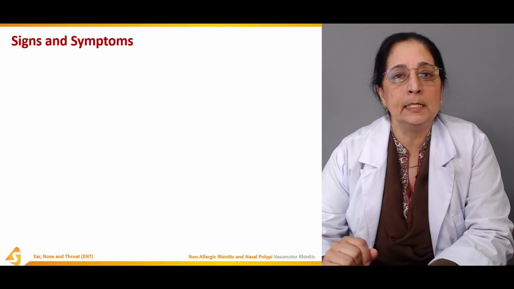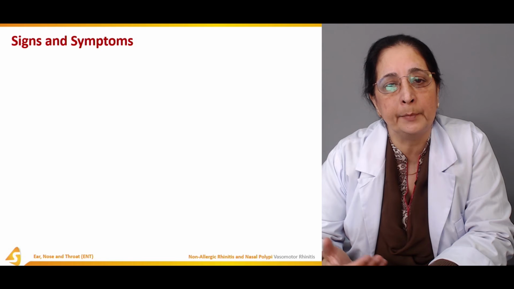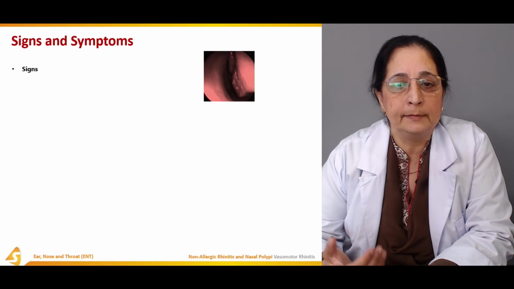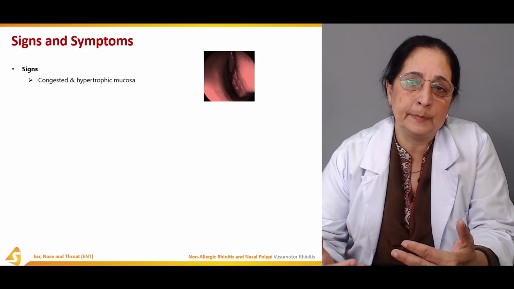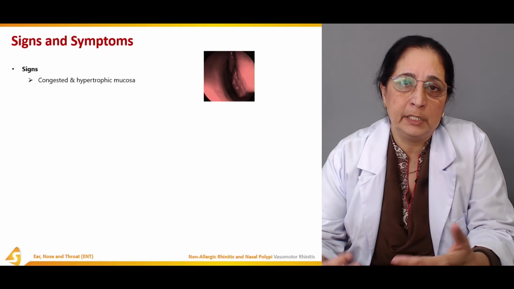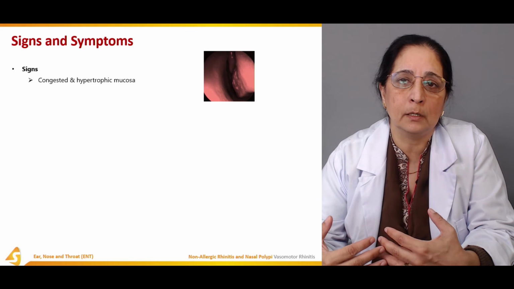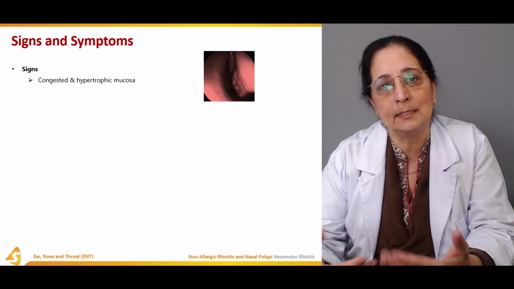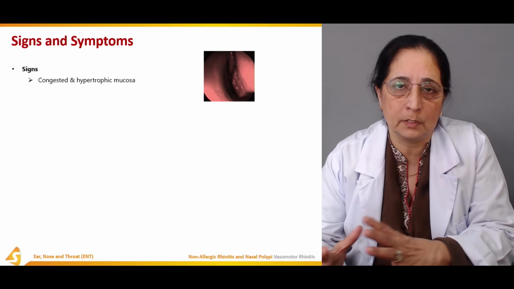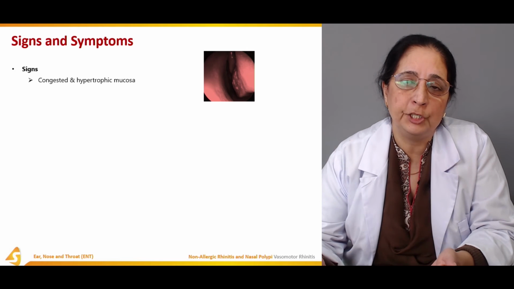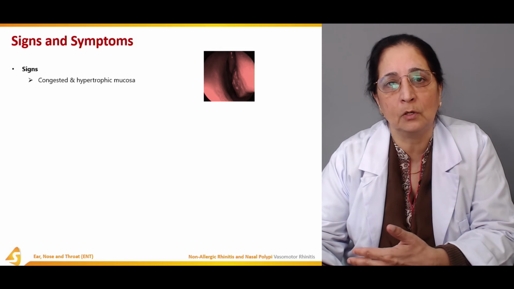Now, some signs and symptoms of vasomotor rhinitis, or how it presents. Again, we should know the difference between signs and symptoms. Signs are what the doctor can see or examine. Symptoms are what the patient tells the doctor, what the patient comes to see the doctor for.